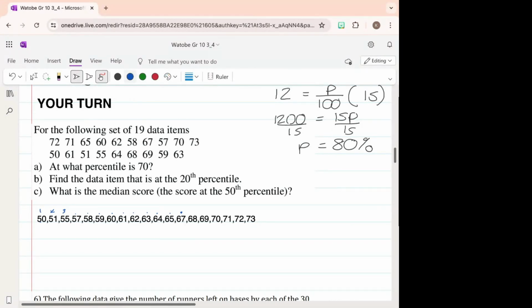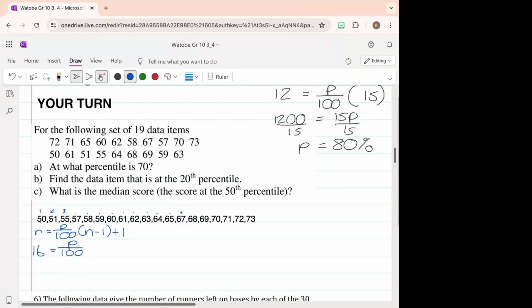Okay, so R equals P over 100 times N minus 1, plus 1. That's what we're doing. We know what the R is: we're looking for 70, so 1, 2, 3, up to 16. We don't know what the percentile is over 100.